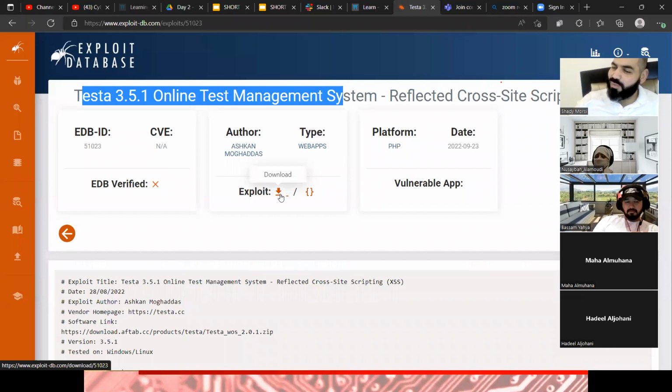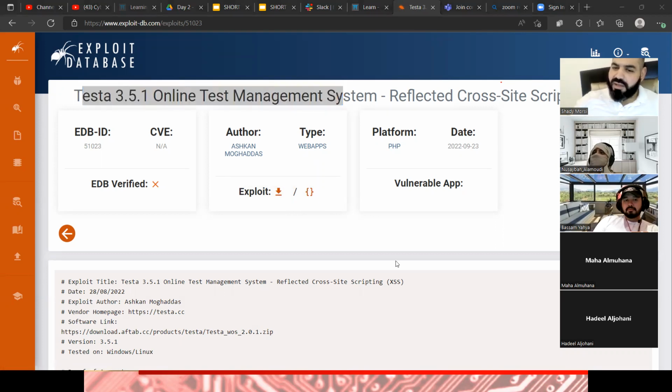So you can download the exploit, and if you have this vulnerability within your organization, you can run this exploit against it and see if it's exploitable or not. This is another step if you want to play around with exploits. This website is a great source of learning.